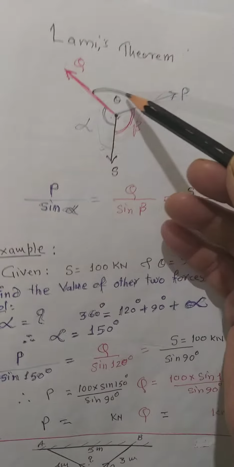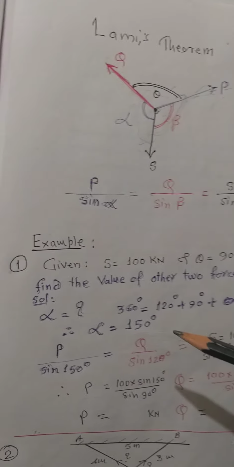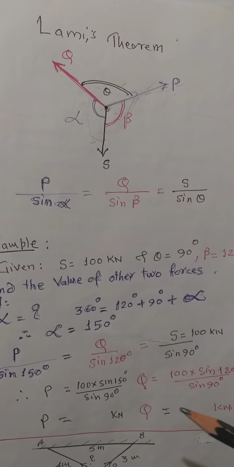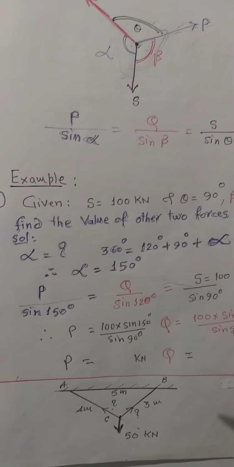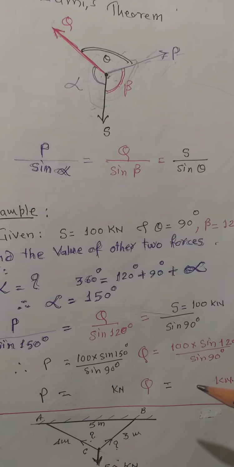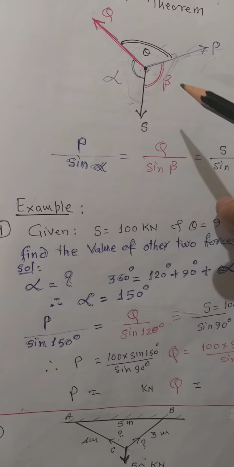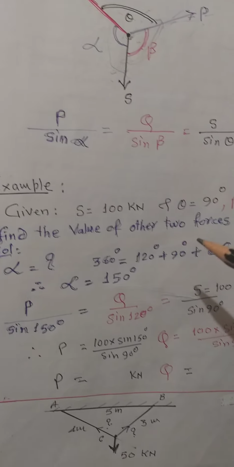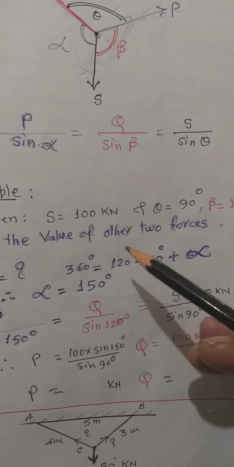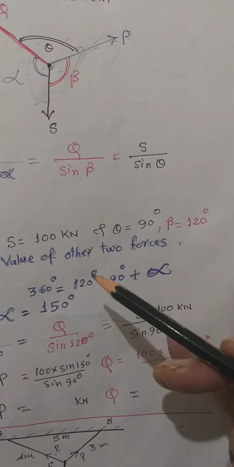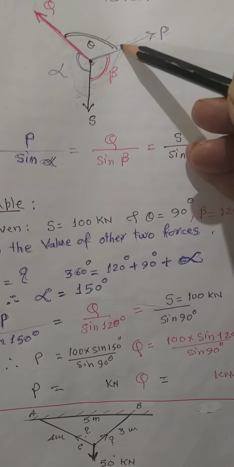Now in this, keeping the same figure, what has been given to you is the value of S, given as 100 kilonewton. Theta is given as 90 degrees. And beta is given as 120 degrees. So this is 90, this is 120.